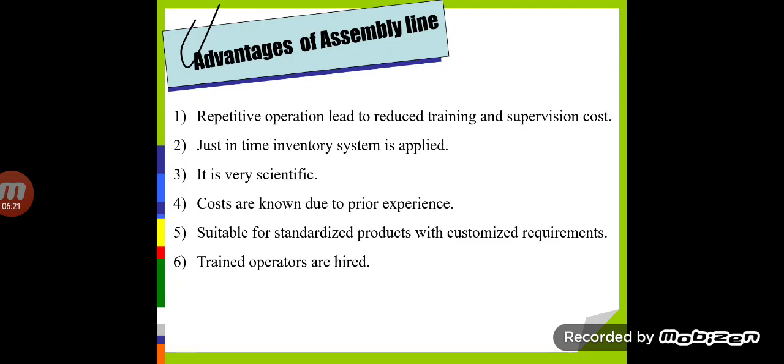Second, a just-in-time inventory system is applied. For every product we have decided the time limit, so we can produce the finished goods at a given time, and a just-in-time inventory system is applied.